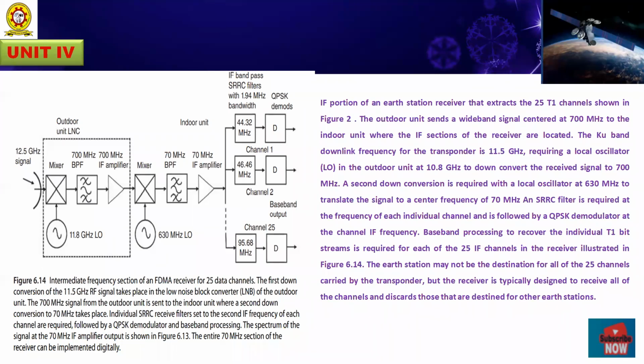To tune up for this 70 megahertz in our satellite communication, we require an SRRC filter system. By using this filter system, whatever frequency is allotted for each individual channel, all those individual channels operate under the QPSK principle, that is, quadrature phase shift keying.